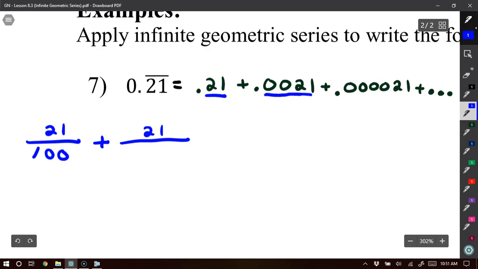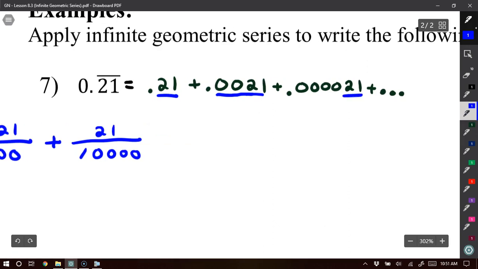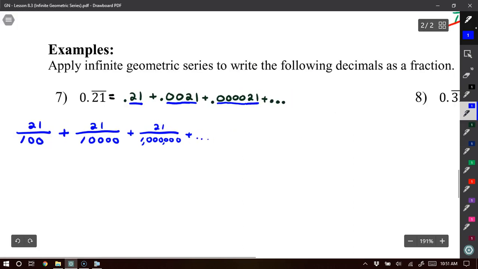I have 4 places, so I'm going to have 4 zeros: tenths, hundredths, thousandths, 10,000ths. I have a 21, and in this case, it looks like I have 6 numbers, so I'm going to have 6 zeros, 1, 2, 3, 4, 5, 6, 1 millions. And then, well, plus ... So there we go, we wrote them as fractions.